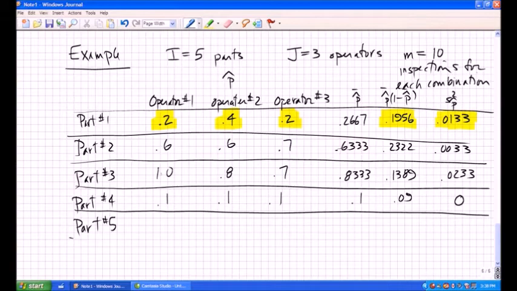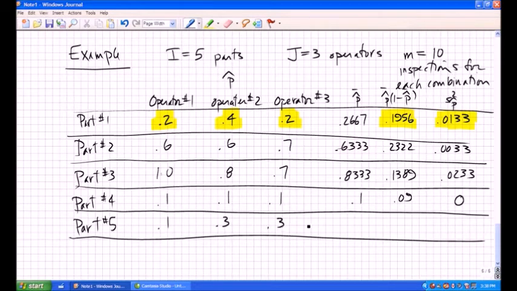And finally, we'll suppose that on part number 5, operator 1 made 1 in 10 calls non-conforming, the other 2 made 3 in 10 calls non-conforming. If you average those 3 numbers, you get 0.2333. If you multiply by 1 minus that, you get 0.1789, and the sample variance of those 3 numbers is 0.0133.